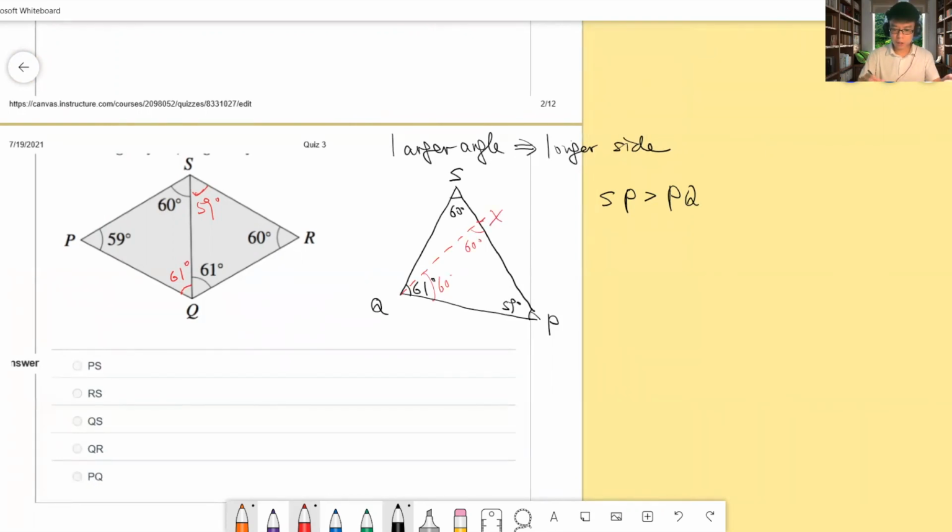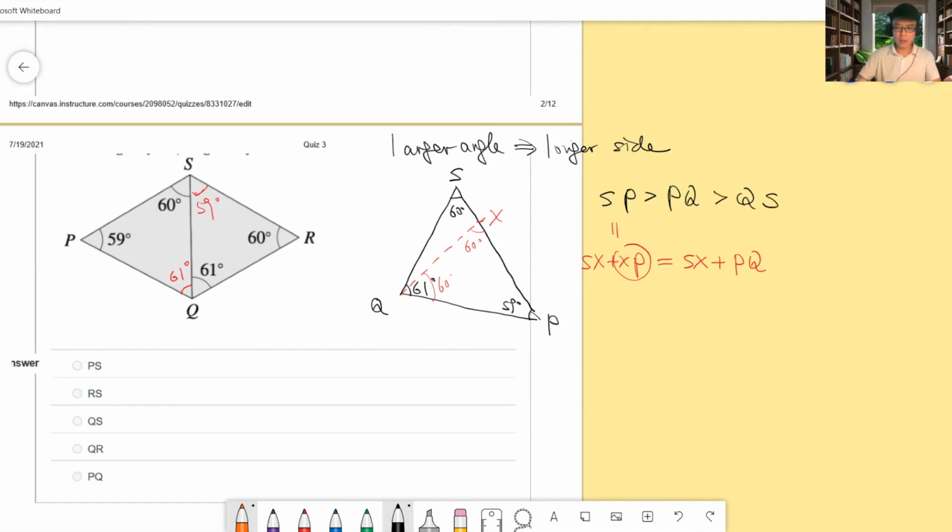If this is X, I must have SP equals SX plus XP, but XP equals PQ. So it's of course larger than PQ. Similarly, we can argue the other comparison. So SP is larger than PQ and larger than QS.